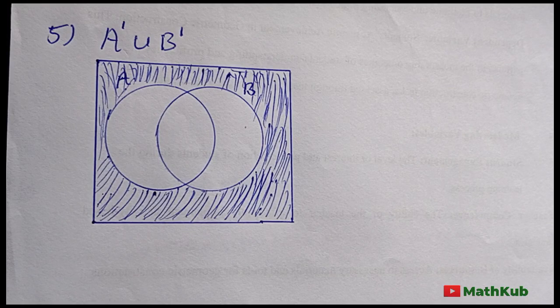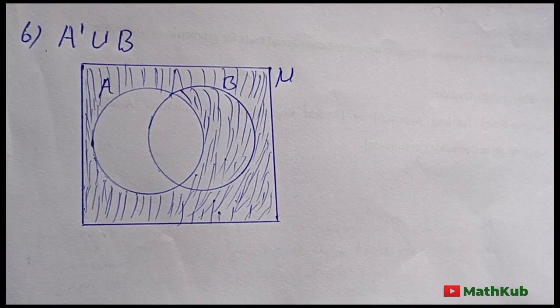A prime is the set of elements that are not in A, while B prime is the set of elements that are not in B. Now, coming together, they are the set of elements that are not in A, together with the set of elements that are not in B. So automatically this is the representation of A prime union B prime.